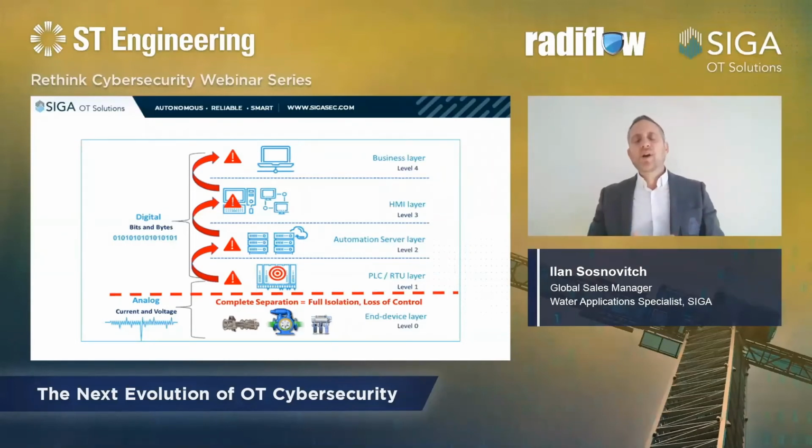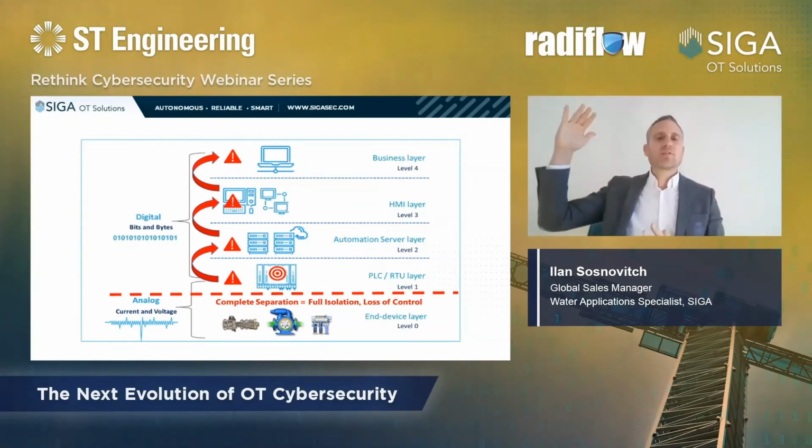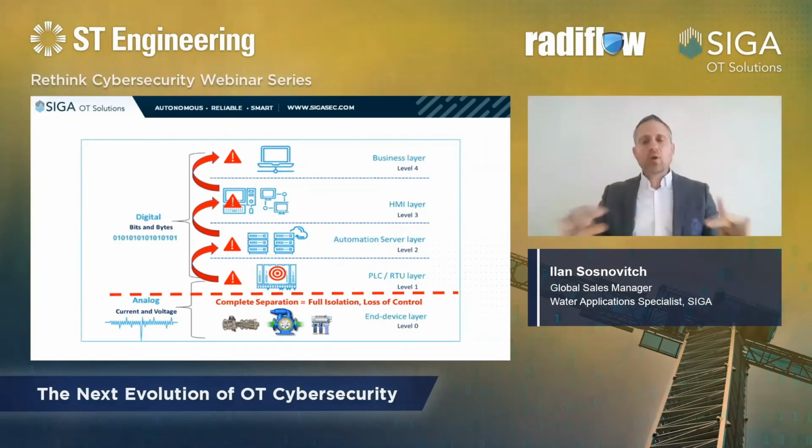In this type of situation, SIGA is the best solution because we are not manipulated by any type of attacker, because we're not part of the network. We are only focusing on the important critical layer in level 0 without any compromise from the network level.